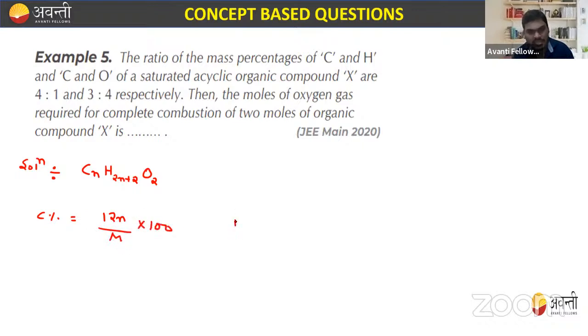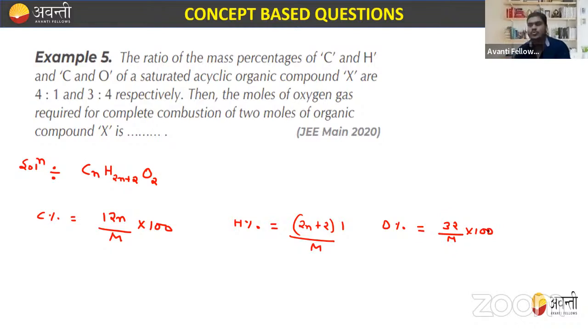On a similar basis, the percentage of hydrogen: here hydrogen is 2n+2, and the mass of hydrogen is 1, divided by molecular mass M into 100. On a similar basis, the percentage of oxygen is 32 upon M into 100.